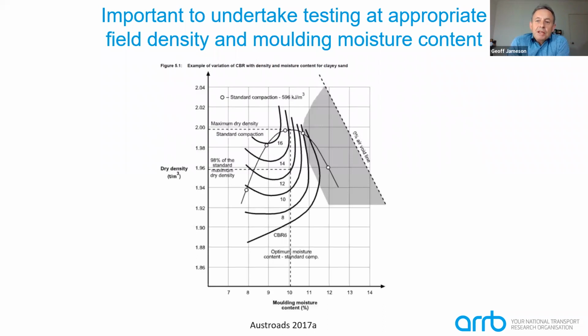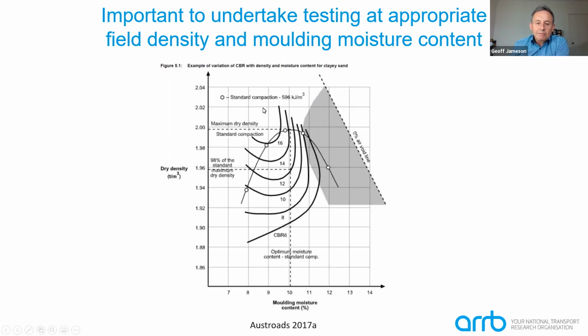So in turning back now to the subgrade again, when we're doing the subgrade CBR testing, it is important to do the testing at the appropriate field densities and moisture contents in situ. And this shows here what is a CBR contour, where you're looking at the effect of both density and moulding moisture content on the CBR value.